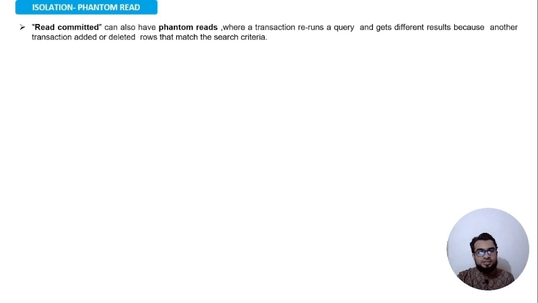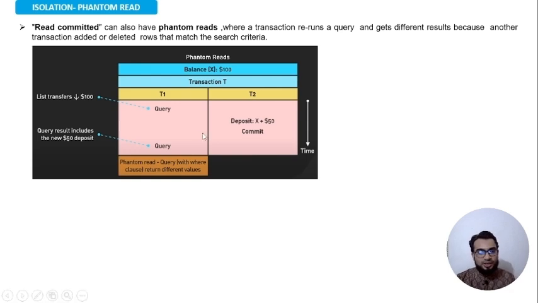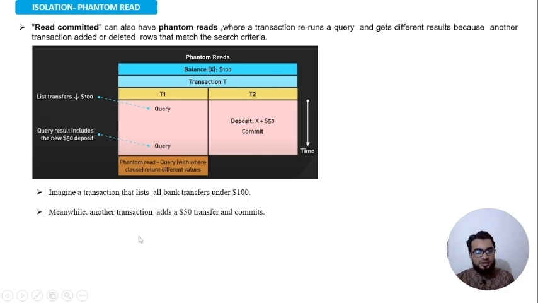So read committed can also have phantom reads, where a transaction reruns a query and gets different results because another transaction added or deleted rows that matched the search criteria. Imagine a transaction that lists all bank transfers under $100. Meanwhile, another transaction adds a $50 transfer and commits.